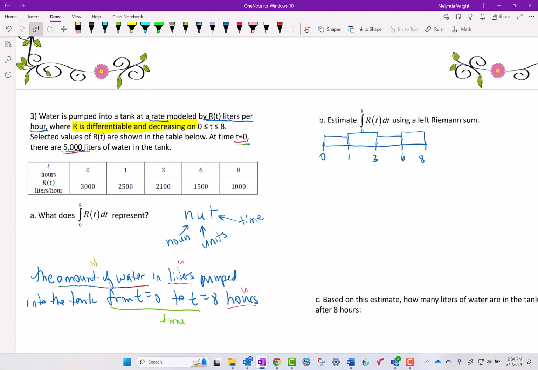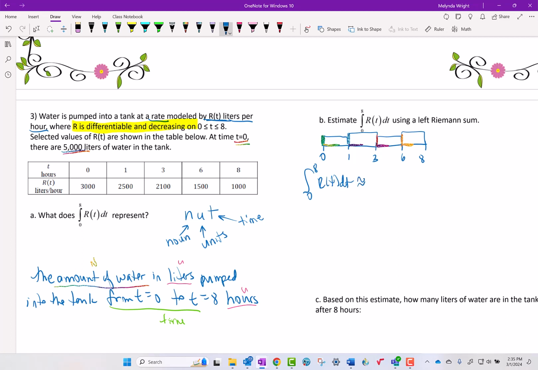This is the left side of this one. We're doing the left sides. Okay, so we write out the integral from 0 to 8 of r of t dt is approximately.